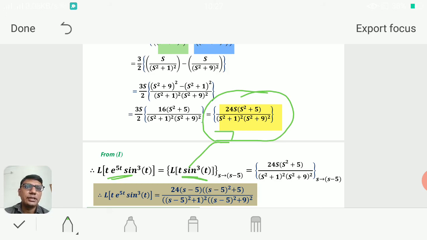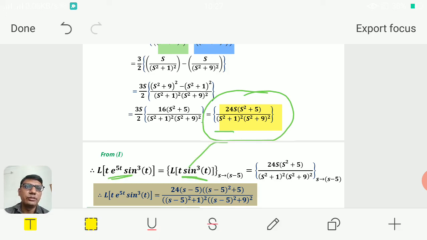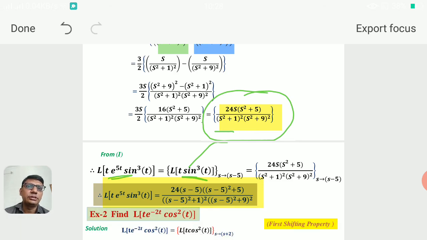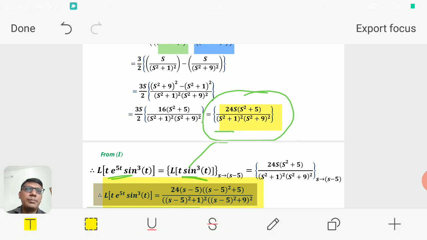After applying s replaced by s minus 5, we get this portion: 24 into s minus 5 into s minus 5 whole square plus 5 upon s minus 5 whole square plus 1 the whole square into s minus 5 whole square plus 9 the whole square. So this is the example of f(t) multiplied by t.